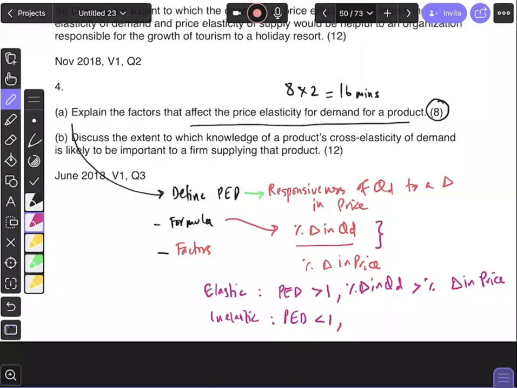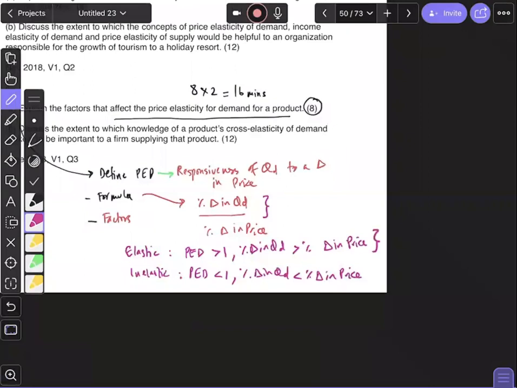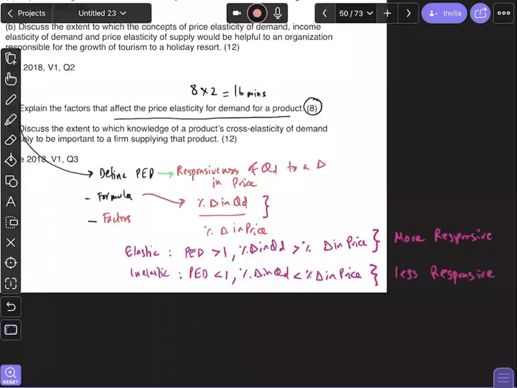In the inelastic case, the percentage change in quantity demanded is less than the percentage change in price. So this is more responsive versus this is less responsive.